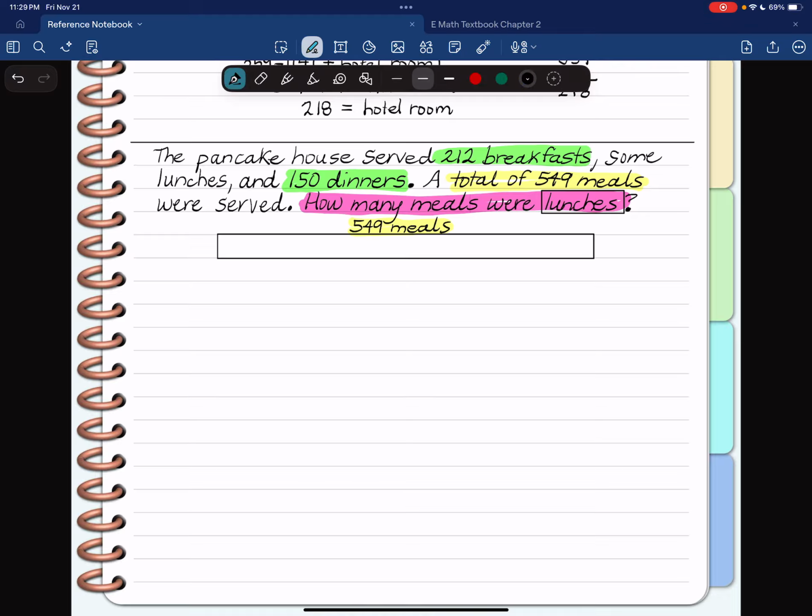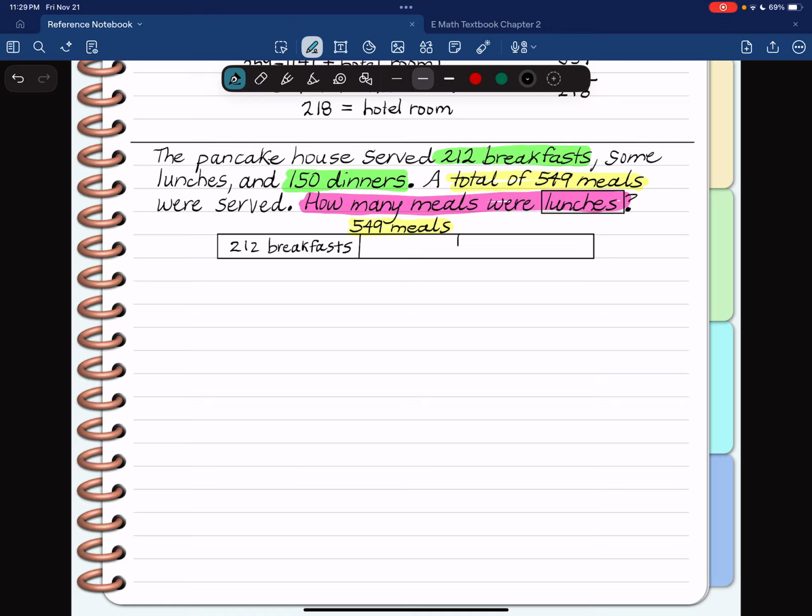So I'm just going to split it evenly, kind of. It looks like the breakfast, there were a lot of people who got breakfast. And that makes sense because that's when I think of eating pancakes. It doesn't matter if your bars are not marked off equally or what. Just get the gist of the problem.